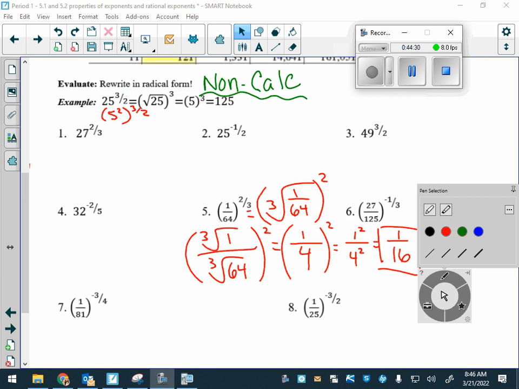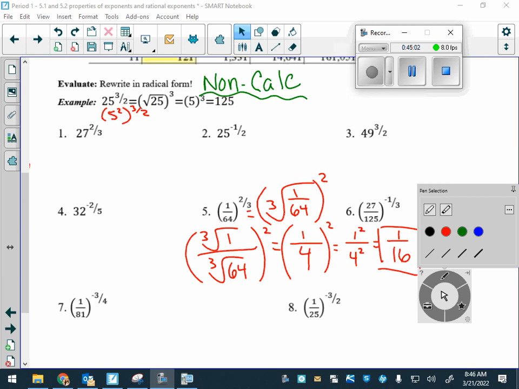Okay. Your classwork and homework, whatever you don't finish, starting on page 9, it's pages 9 and 10, 1 through 28. Okay, it's a little bit of everything. It's rewriting from radical to rational exponents, then rational exponents to radical form, then exponent properties, and then evaluating without a calculator.